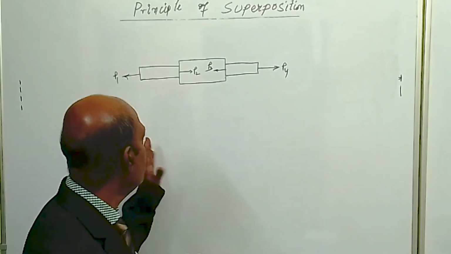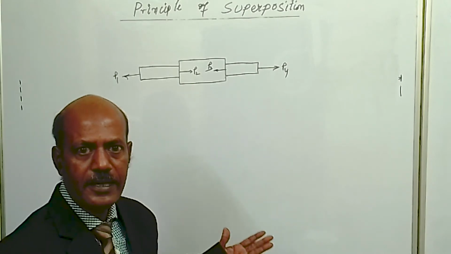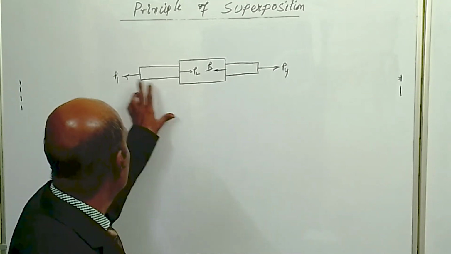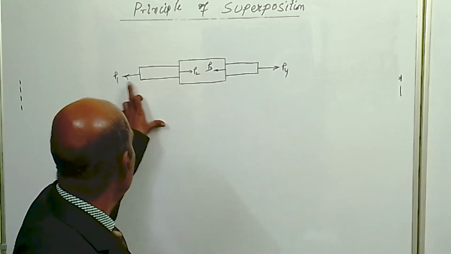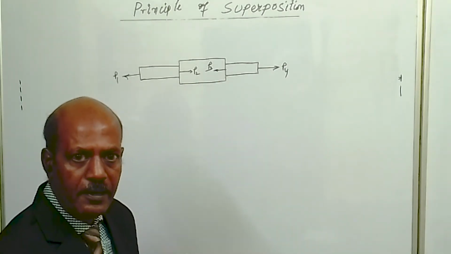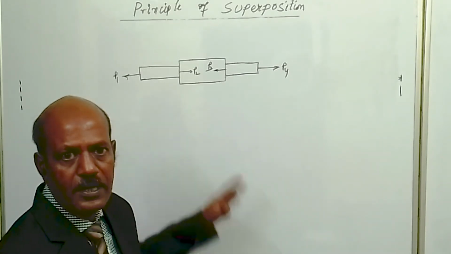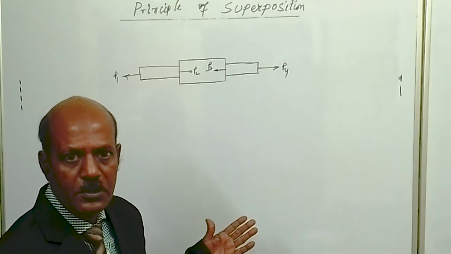So what is actually the principle of superposition? If a body is acted upon by a number of forces, that is P1, P2, P3, P4, Pn, at different segments of the body, then this problem comes under principle of superposition.